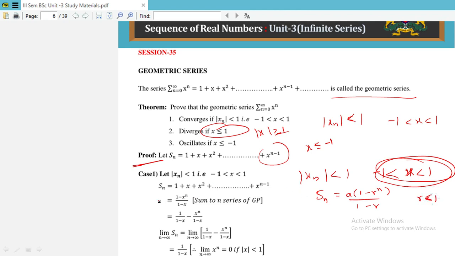Therefore, here a is 1, Sn is equal to 1 minus x raised to n divided by 1 minus x, the sum of n terms of a GP. If I apply the limit, x raised to n tends to 0, and we get 1 divided by 1 minus x.